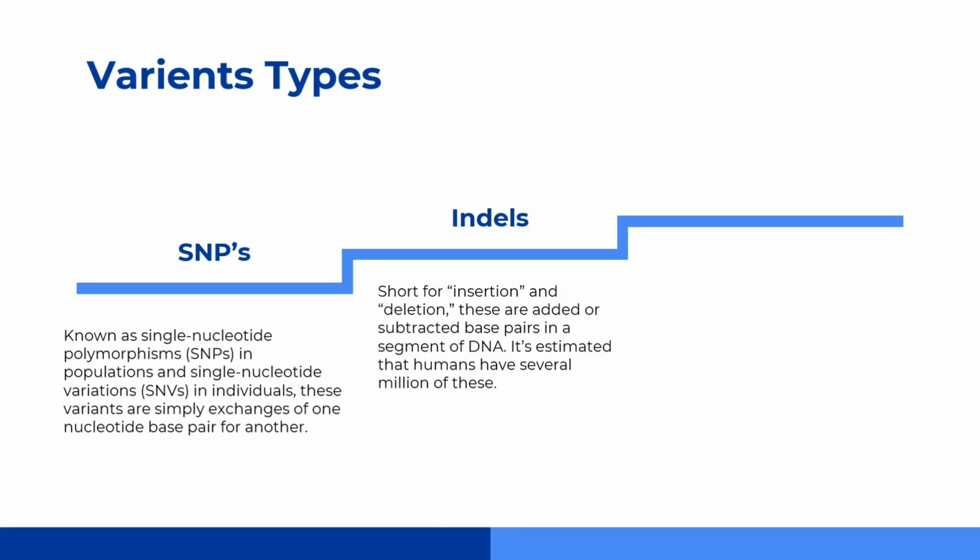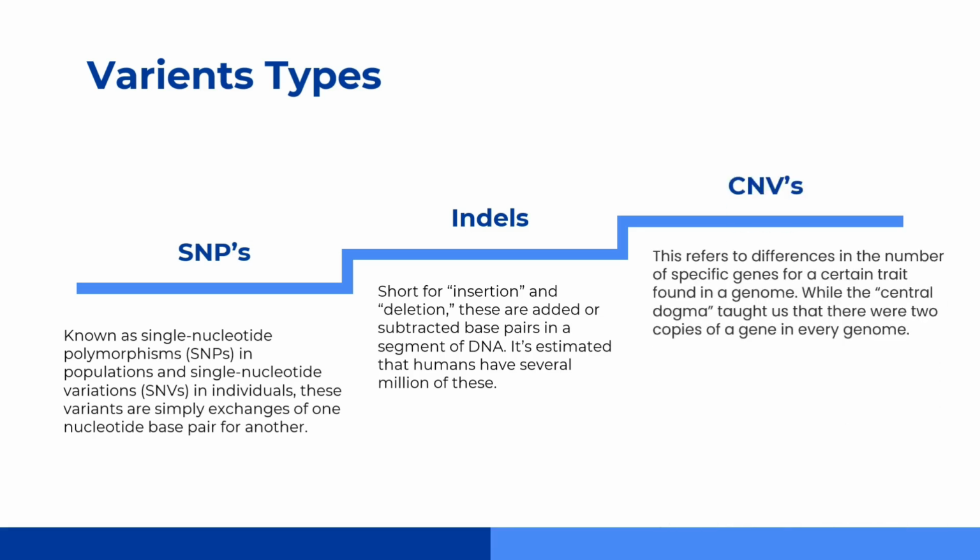And there are Indels, short for insertion and deletion. These are base pairs added or subtracted in a segment of DNA. It is estimated that humans have several million insertion and deletion sequence variations. Then CNVs refer to differences in the number of copies of a specific gene in a genome.